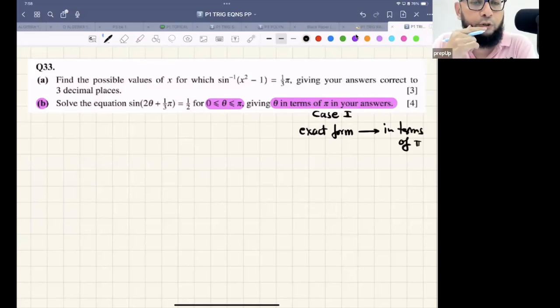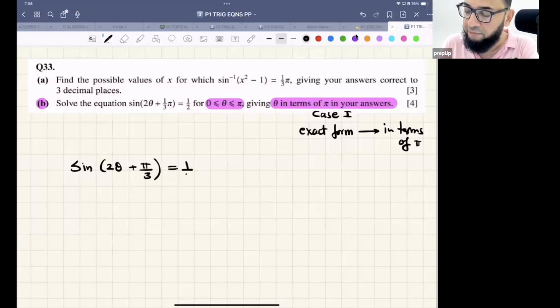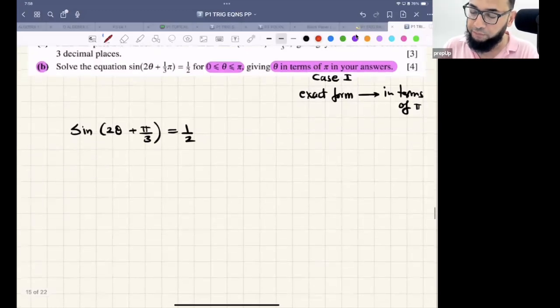So now solve the equation: sine of 2 theta plus pi by 3 equals half, and let's start the 4-step solution.